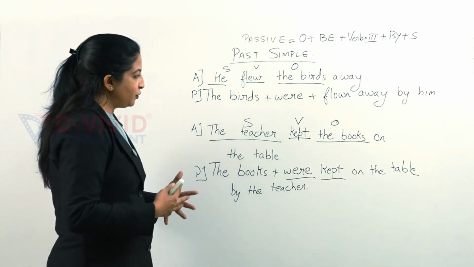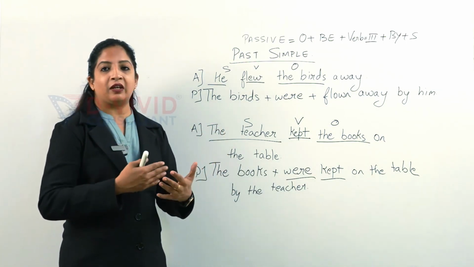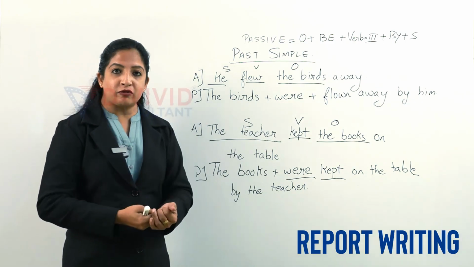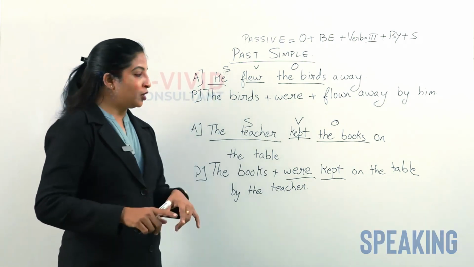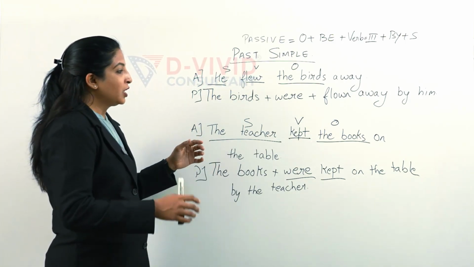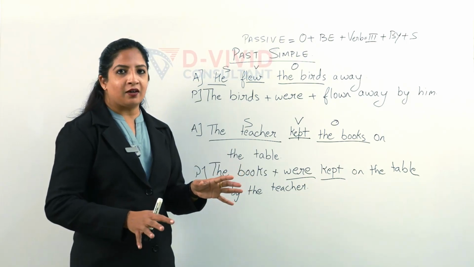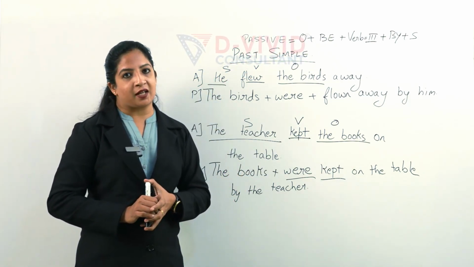So henceforth, when you are checking your content, your essay or report writing, or your speaking audios, you will definitely be able to spot if you have made any errors in the structure of active or passive of simple past.